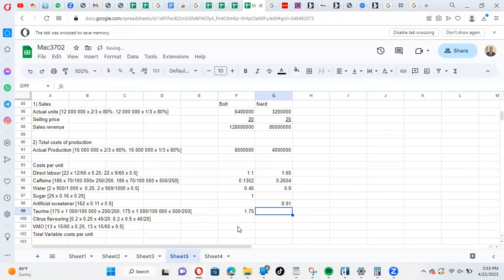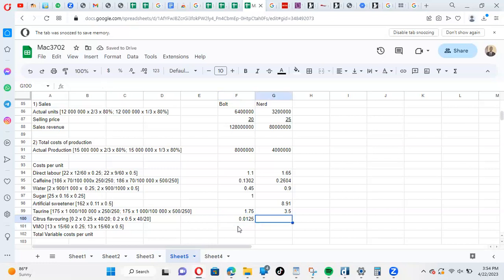Then here again it's equal to 175 times 1000 divided by 100,000, 123 times 500 divided by 250. Citrus, 0.2 times 0.25, times 15 divided by 60.